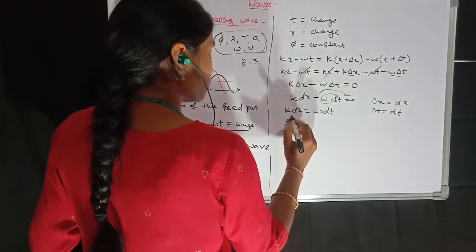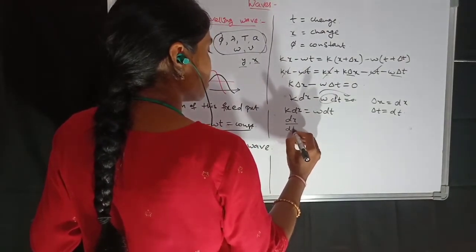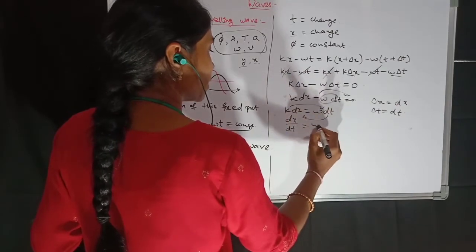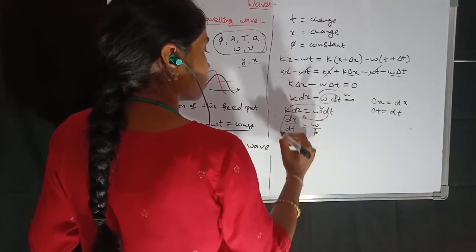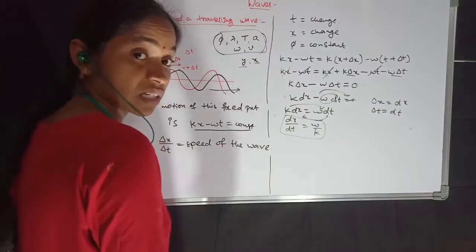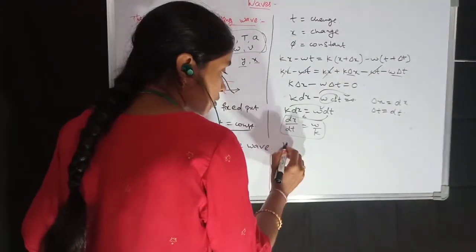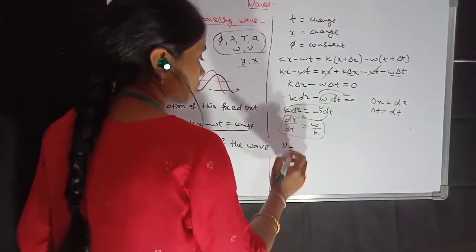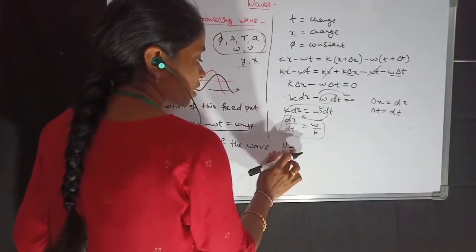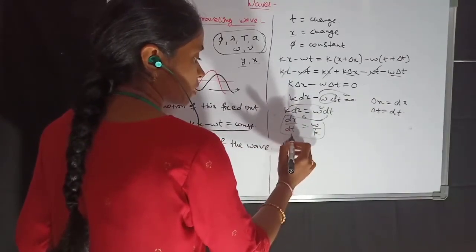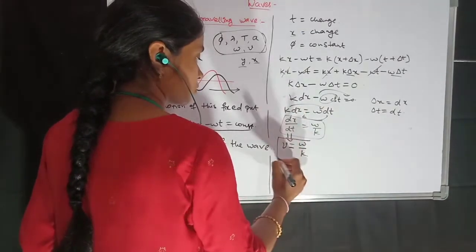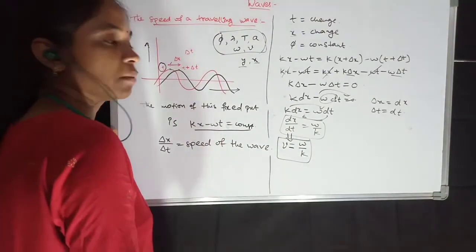Now dx by dt is equal to omega by k. What is dx by dt? This is the speed of the wave, which is equal to omega by k.